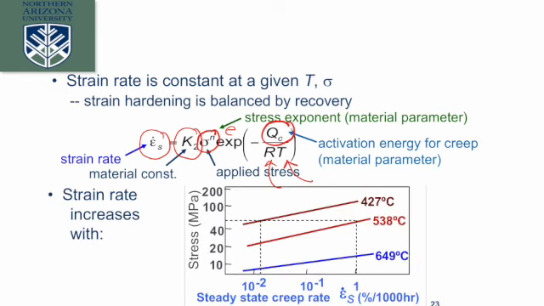So what do we see? What does this mean? Again, we have the negative 1 over T. So this means that the creep rate increases exponentially with temperature. That also means that the stress goes down, because if the strain is going to increase, it takes less stress to strain it.